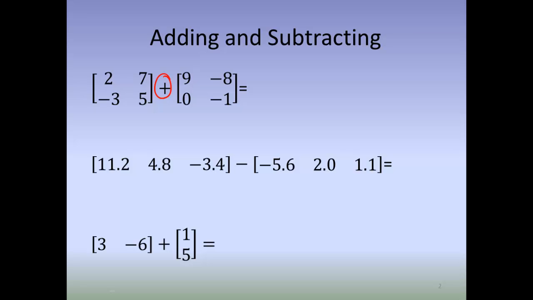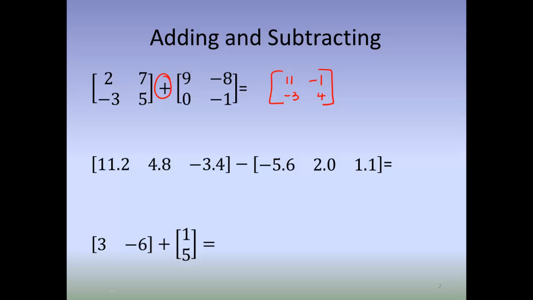For this first one, I'm going to add 2 plus 9 to give me 11. Then 7 plus negative 8 gives me negative 1. Negative 3 plus 0 is negative 3, and 5 plus negative 1 is 4. This is the resulting matrix of adding those first two together.